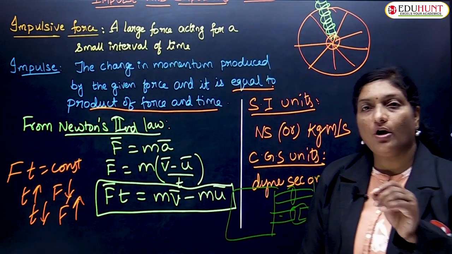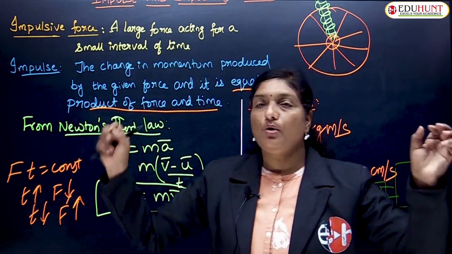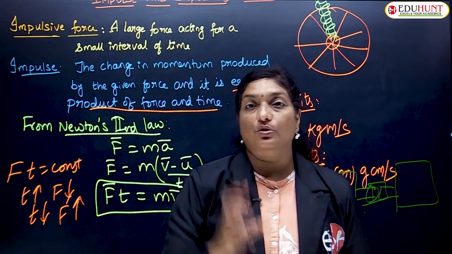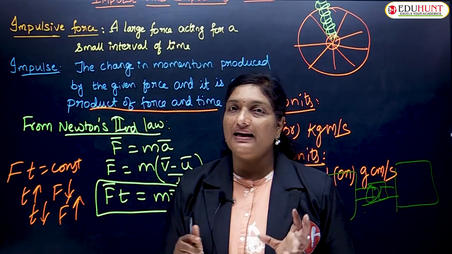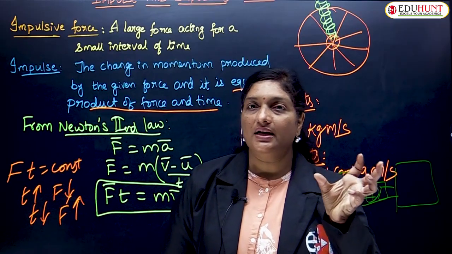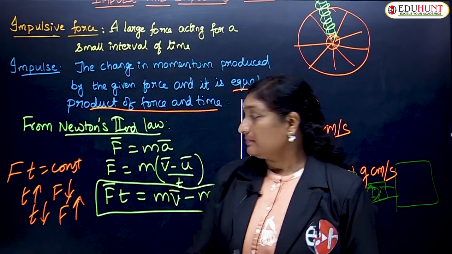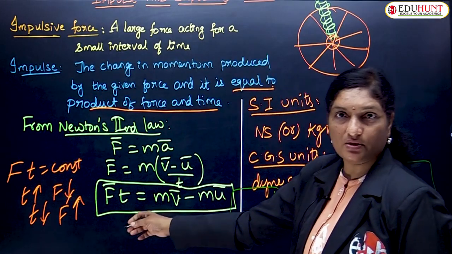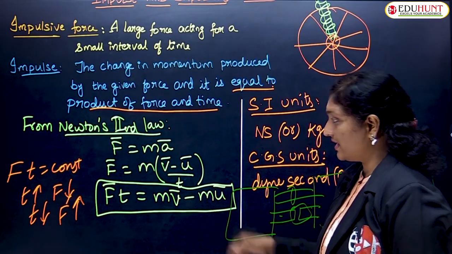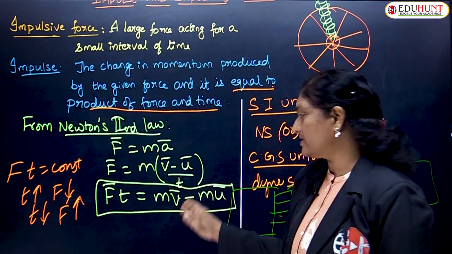Children, if you observe that whenever a cricket ball and a tennis ball are thrown towards you, you feel it is easier to catch the tennis ball, but a little difficult to catch the cricket ball. Why? Because the mass of the cricket ball is more when compared to the mass of the tennis ball. As I said, impulse is nothing but force into time, which equals the product of mass and change in velocity, or simply change in momentum.